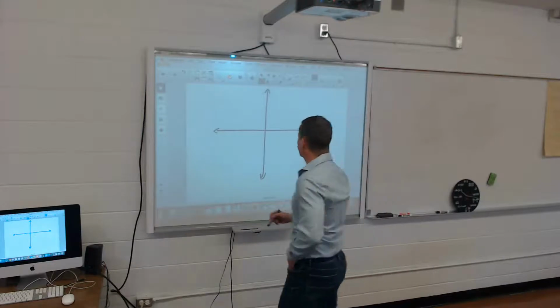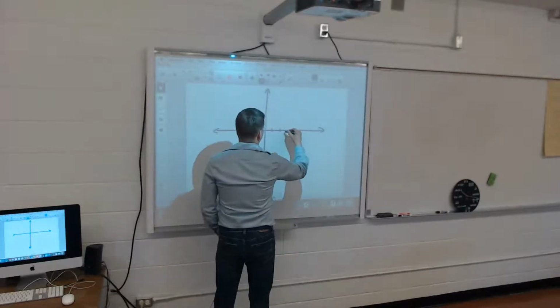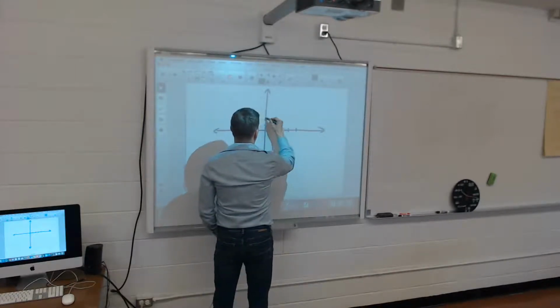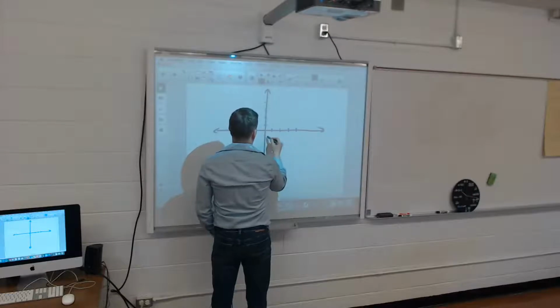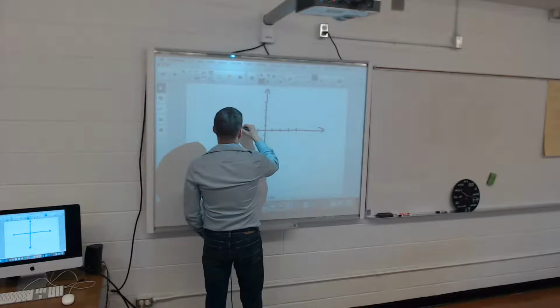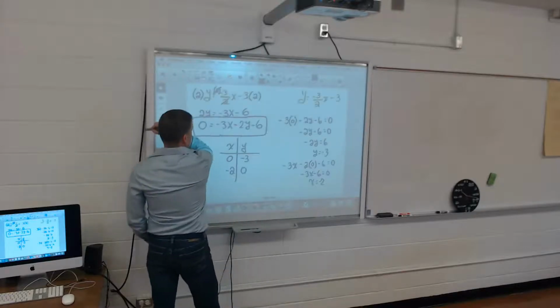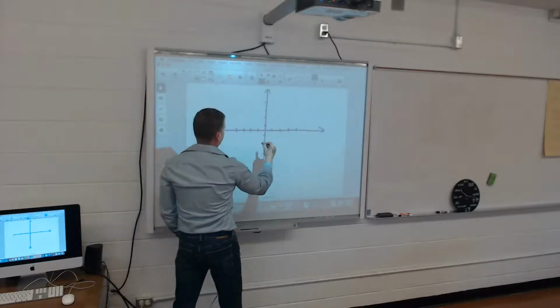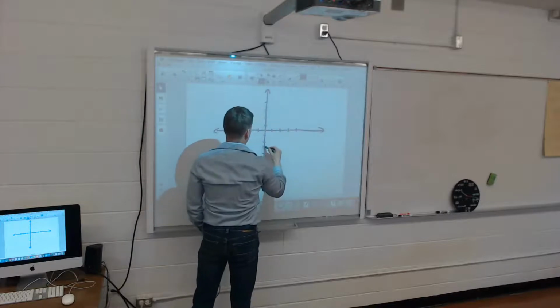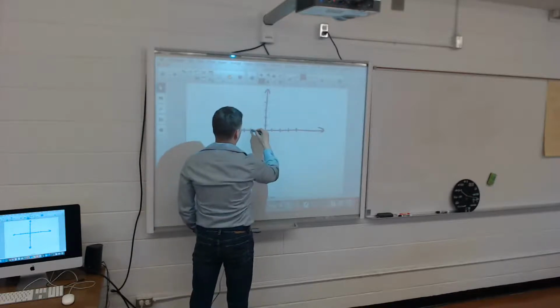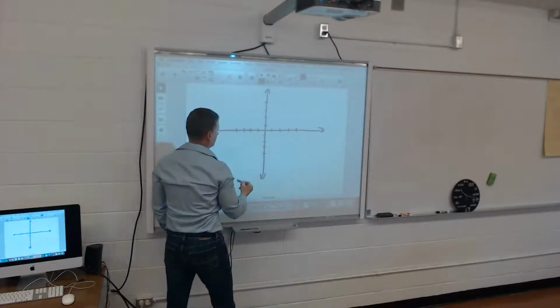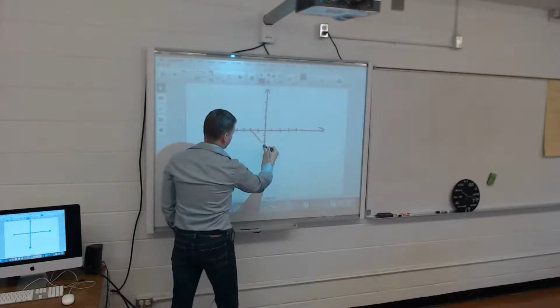So in this case, I'm going to graph my two intercepts. So intercept number 1 is 0, negative 3. Intercept number 2 is negative 2 and 0. And I draw my line through them.